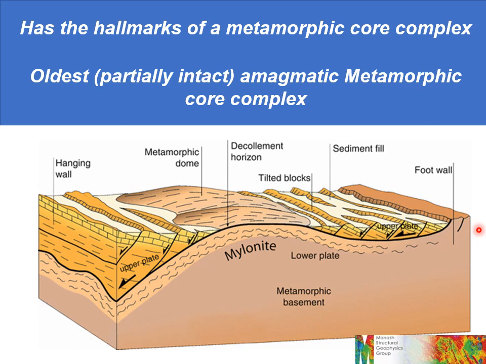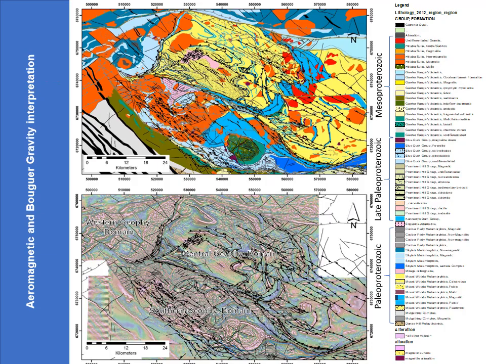And what that really is, is a great big domal feature of basement rocks that have been exhumed during hyperextension, and the peripheral margins of that dome is indeed the upper plate, undergoing brittle extensional deformation features. Interestingly, if this interpretation is indeed correct, it's probably one of the oldest identified metamorphic core complexes on Earth.